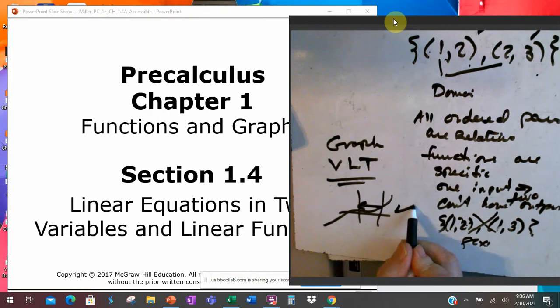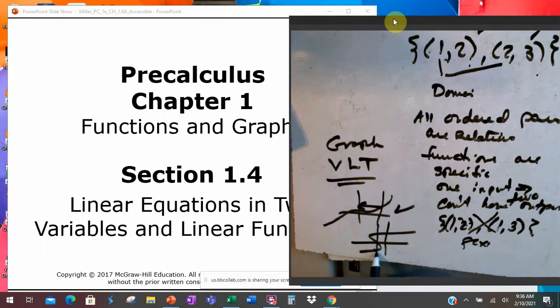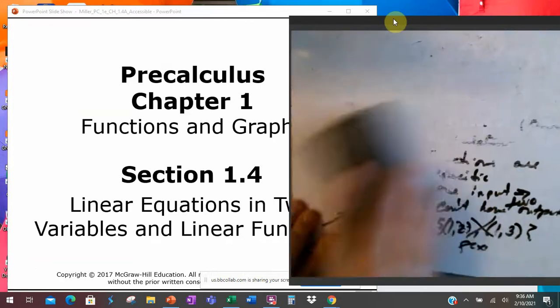So this is a good function, but if I have something like this, I've got 3 outputs for 1 input. Which one do I use? Do I use that one, or that value? This is the y value corresponding when I do that. Okay. So as we go forward, most of the time we're going to be assuming that we're dealing with functions.